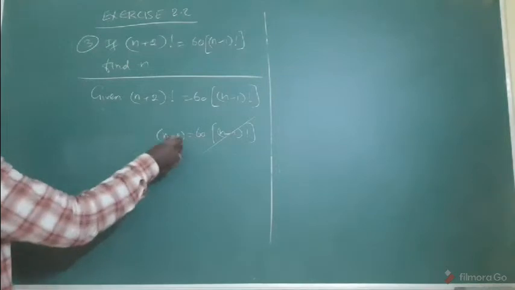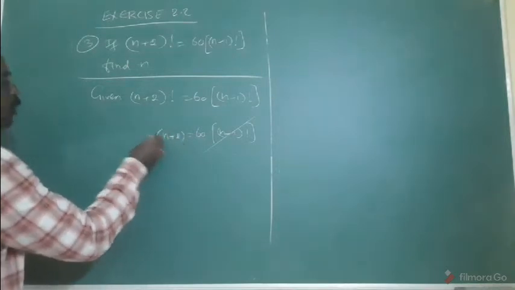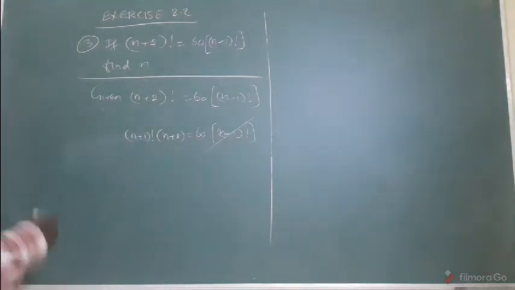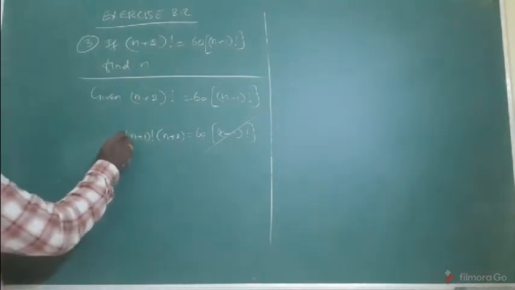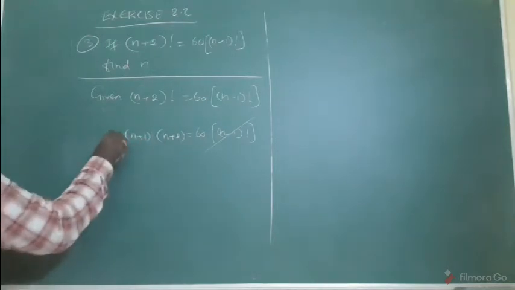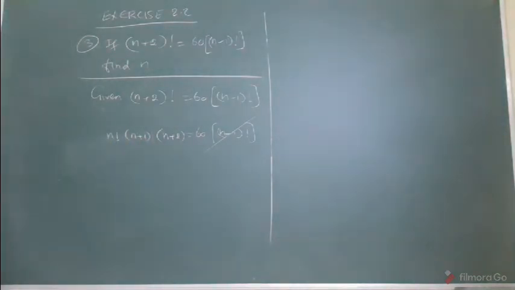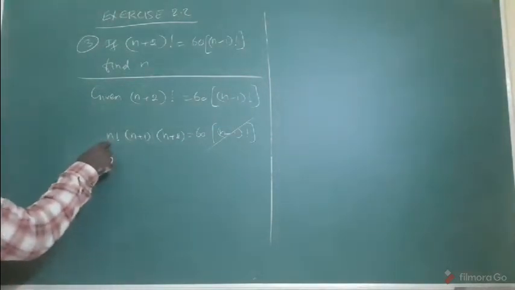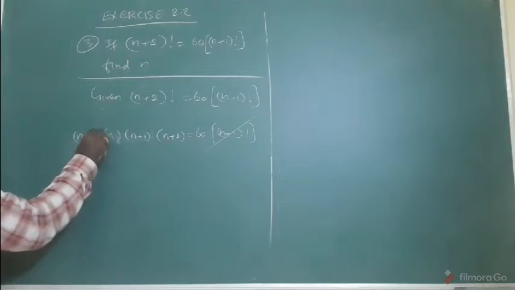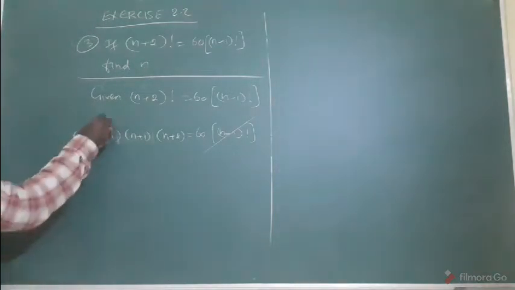N plus 2 factorial means without factorial n plus 2, the previous number is what? With the factorial. This is a concept. Once again, n plus 1 factorial can be written as without factorial n plus 1, the previous number is with the factorial. Am I right? Again, this n factorial can be written as without factorial n, the previous number what? With factorial. This idea. This will be cancelled.